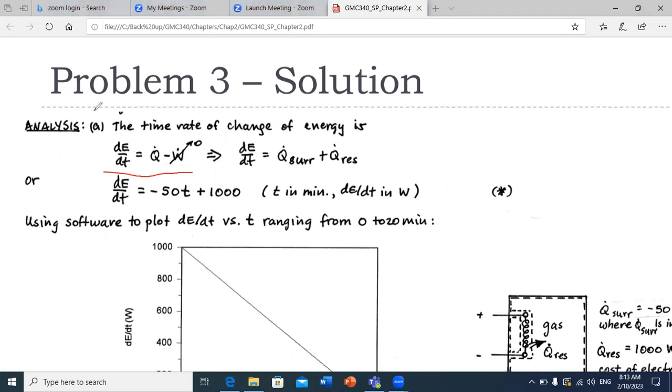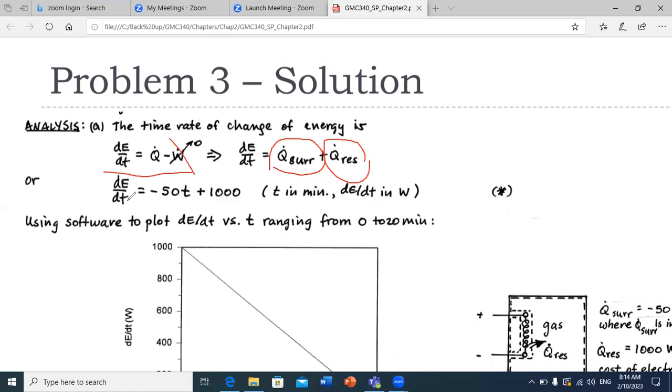So as the problem stated here, we have just two sources of change in energy. The resistor is here, so we have production of energy, and we have heat loss to the surrounding equal to minus 50T. Okay, so we don't have any work exchange with the surrounding. That's why W dot is 0.